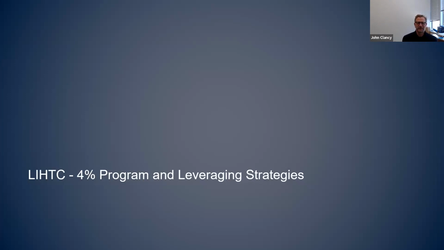I'm now going to talk about the 4% program, which is a lesser program because it only provides 4% tax credits, but it's essentially non-competitive and therefore can be valuable, especially if you have other sources of significant funding for the projects. One thing that really stands out to me is that if you're fortunate enough to receive a competitive IHBG grant, let's say for the full $7.5 million, you have a lot of money there to work with.